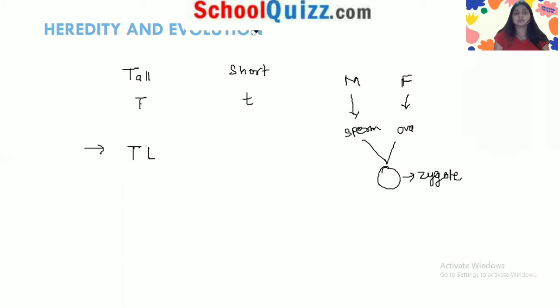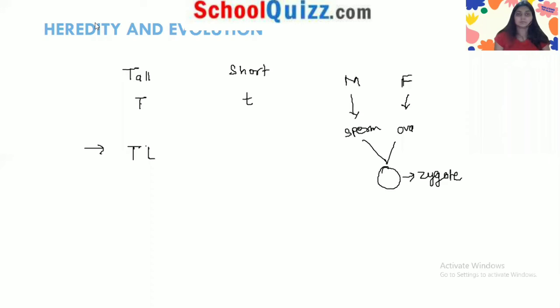Okay, so if these two combine, tall and short, there will be four possibilities. Either tall first and short later, either tall and tall, either short and short, or short and tall. Okay, so there will be four possibilities.